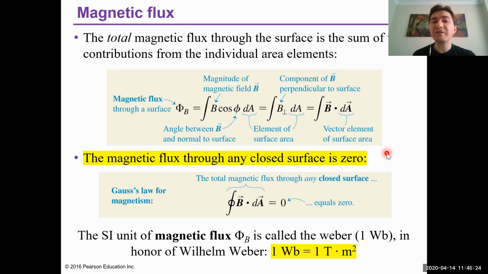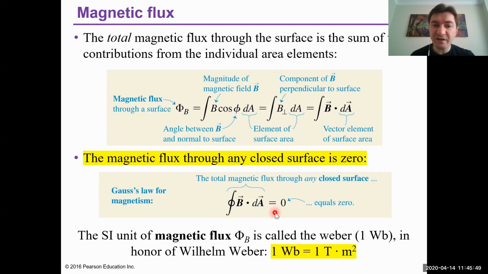But what about the magnetic flux through any closed surface? We have done it for the electric fields, okay? Here we have the magnetic field, here we have the area of the closed surface, and this is the closed surface symbol within the integral, which is equal to 0 in the case of magnetic fields.